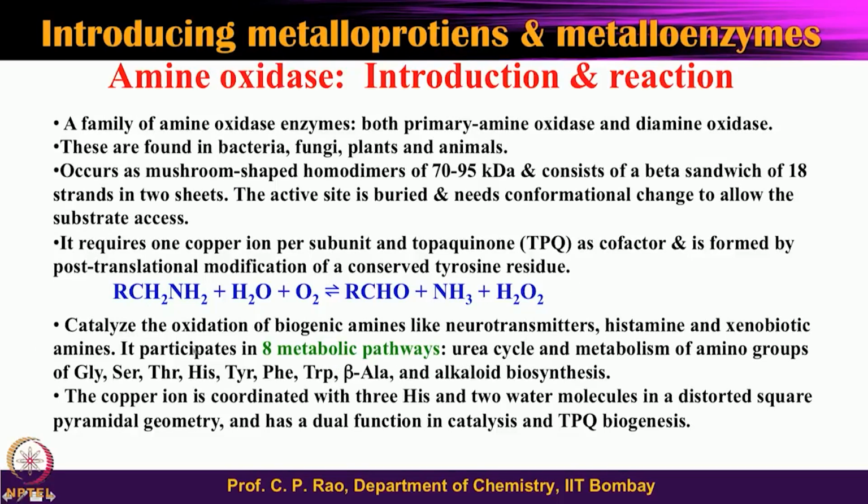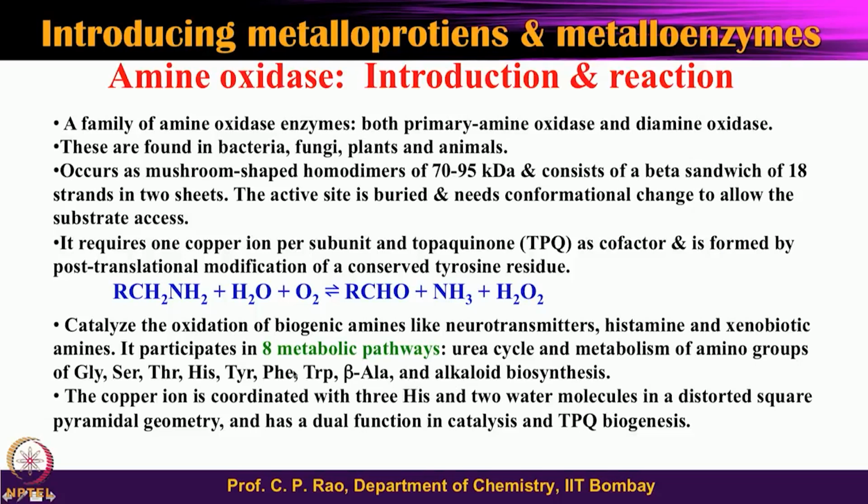This enzyme oxidizes a variety of biological amine-containing neurotransmitters like histamine, xenobiotic amines, etc. It is also involved in a variety of metabolic pathways of amine moieties in glycine, serine, threonine, histidine, tyrosine, phenylalanine, tryptophan, beta-alanine, and also in alkaloid biosynthesis.